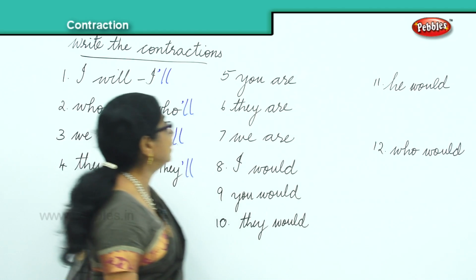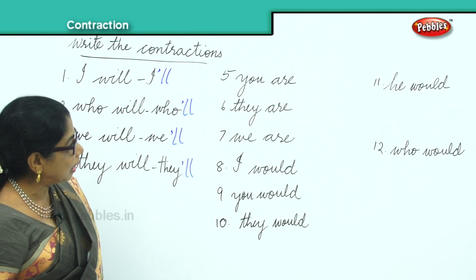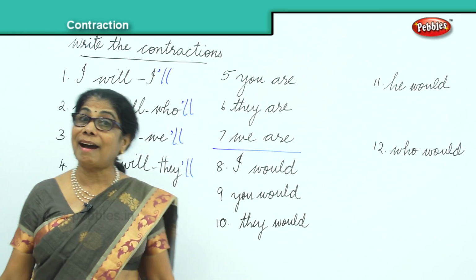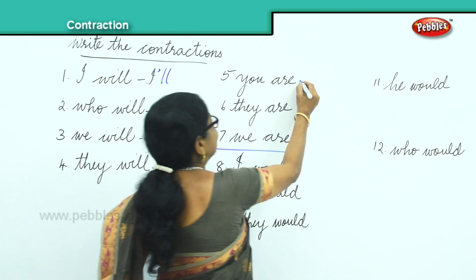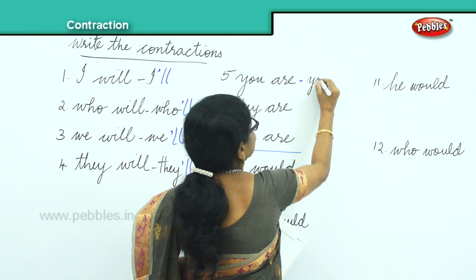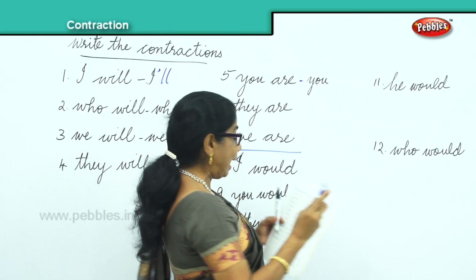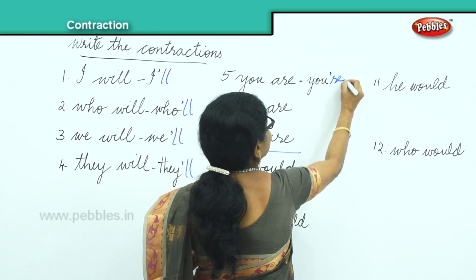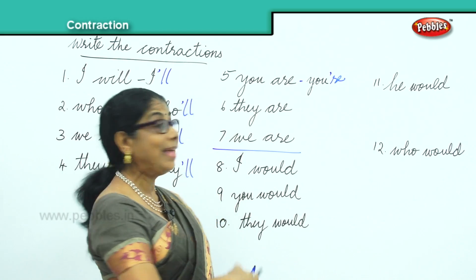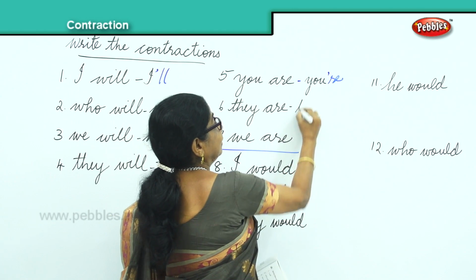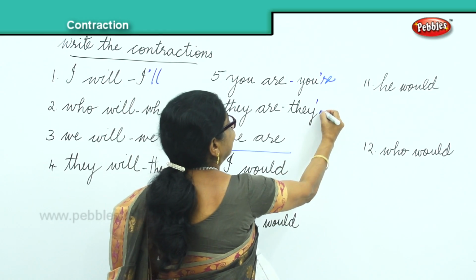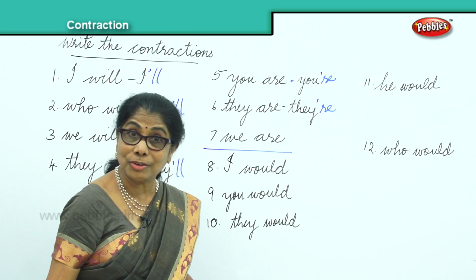Okay? And the next one we have here is you are, they are, we are. So how will you write this? You will write you, apostrophe, and R-E. Then you have they are. They, apostrophe, R-E. They're here on time.